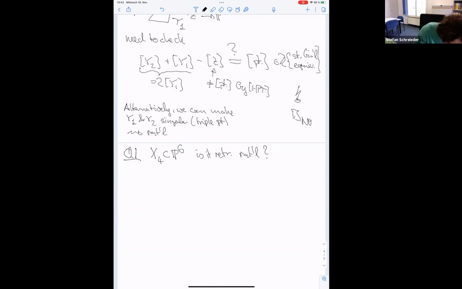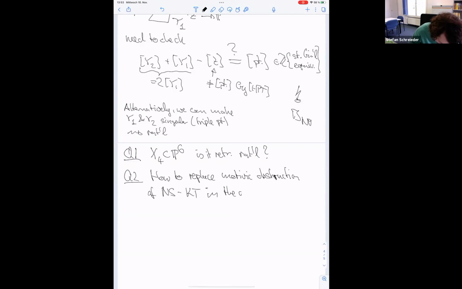But if we want to prove that, then the second question comes up: how to replace the motivic obstruction of Nikulin, Schreieder, and Kontsevich-Zinkel in the above argument.